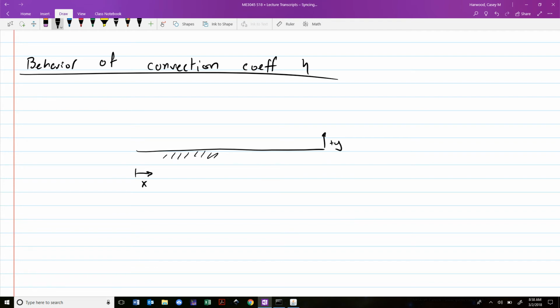We'll say that x is measured from the upstream edge of this surface or plate. We'll say that this again has a uniform temperature of Ts, and once again that we have flow at T infinity with a velocity of U infinity.